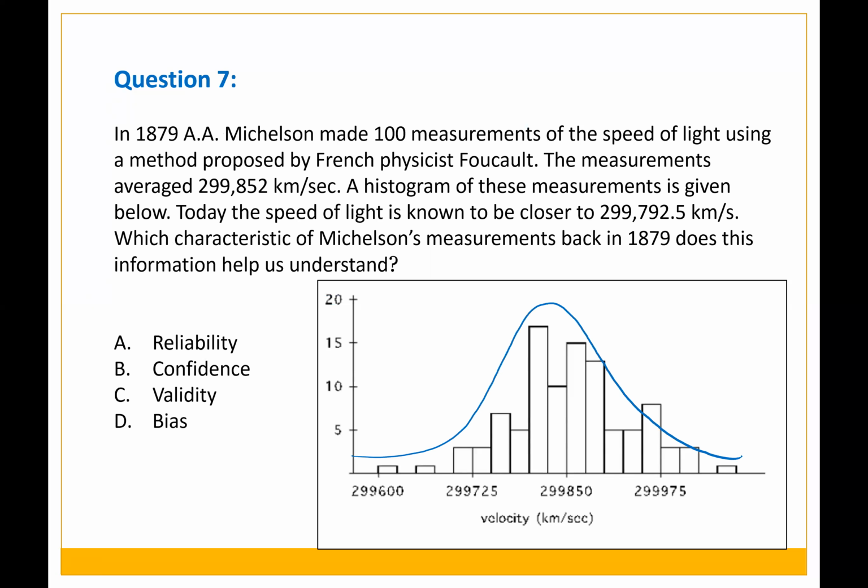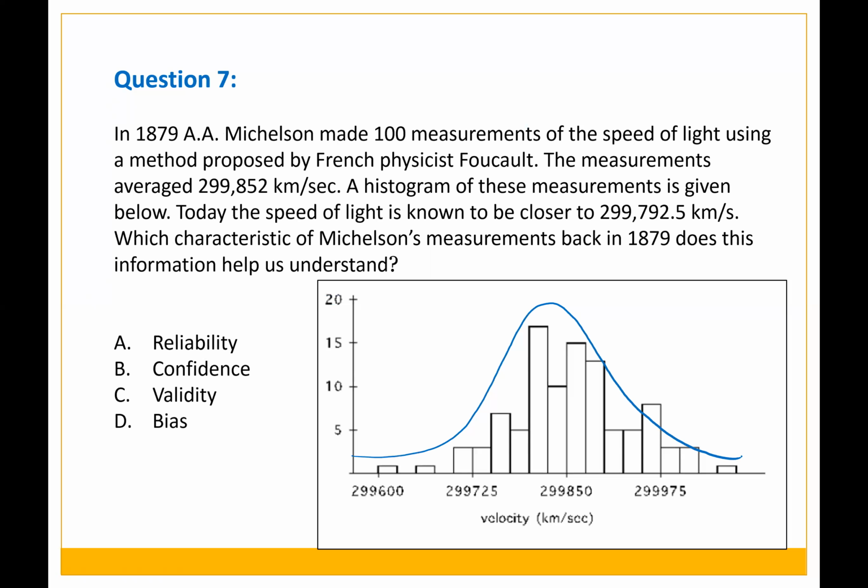So I would say that it's kind of like a normal distribution. Today, the speed of light is known to be 299,792.5 kilometers per second. Which characteristic of Michelson's measurements back in 1879 does this information help us understand?